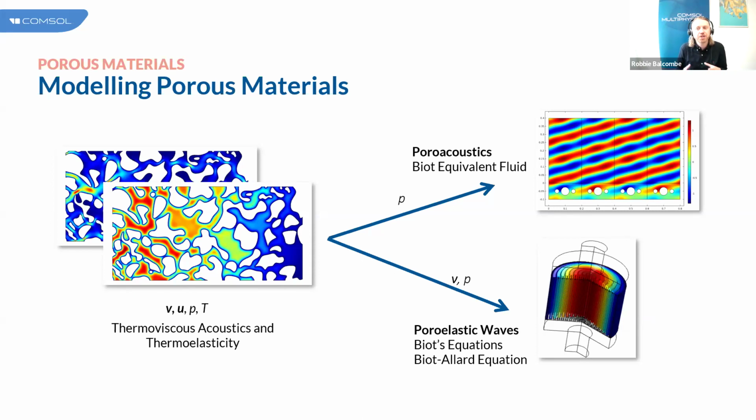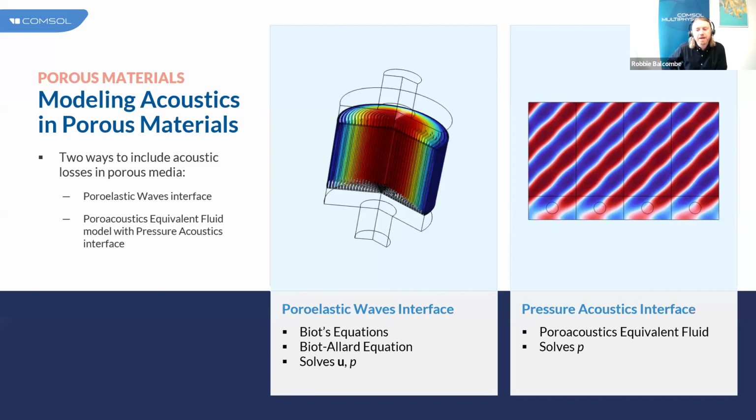This is an acoustic structure interaction coupling set up within a single domain, so within that domain we calculate the mechanical displacements and the acoustic pressure. This method will give us a more high fidelity result, but it comes at increased computational cost: more RAM and more degrees of freedom are needed to simulate using poroelastic waves.